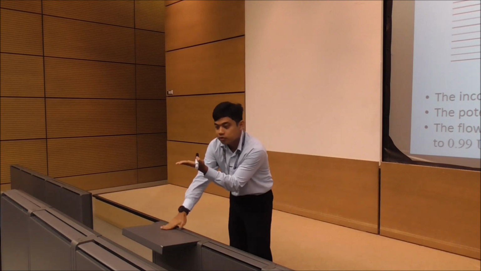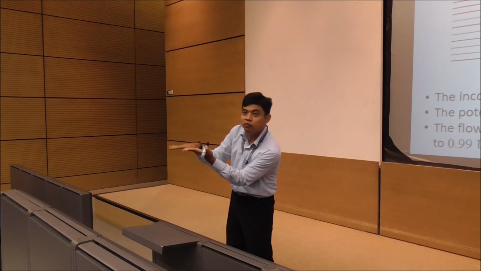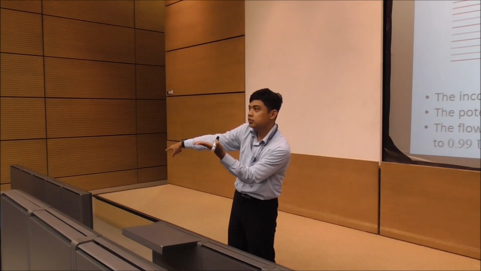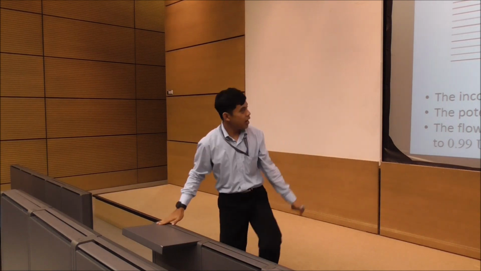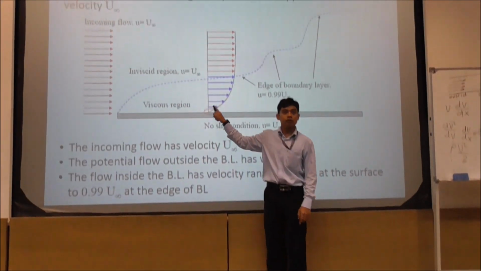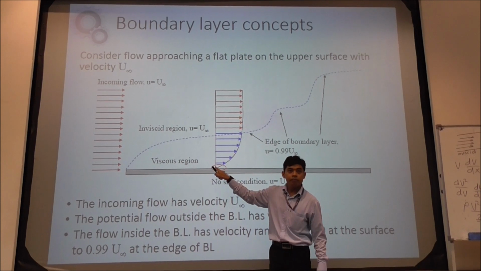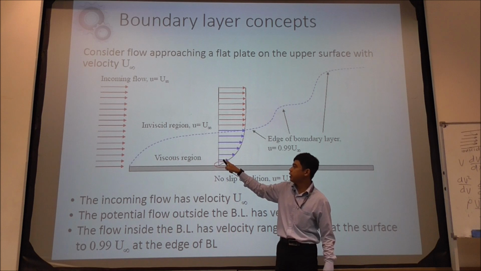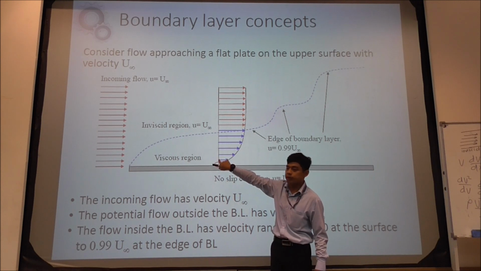Far away from those, this fellow does not know what happened, so he keeps moving as before. That's why you get this profile. Touching the wall, the velocity becomes 0. A little bit on top of it, the velocity is not zero, but it is not as big as before, so it's still moving at low speed.